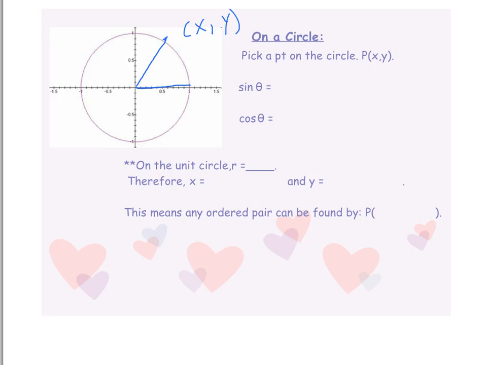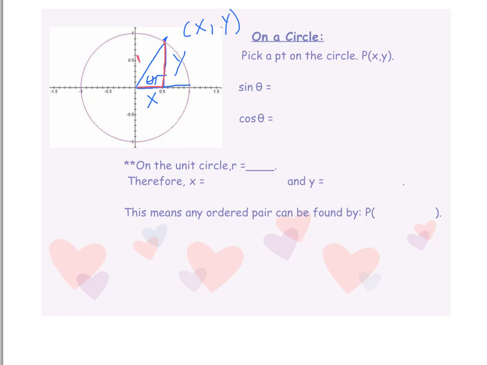Now if we want to think of that angle as theta, we can break this down a little bit more. If we relate this to a right triangle, the coordinates of the point are x and y. If I want to get to that point, I would move x units to the right and y units up, and there we go.